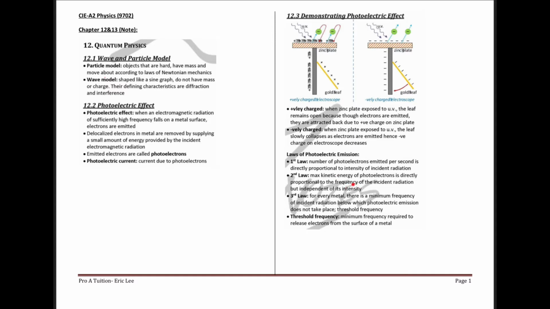If the frequency of the UV light is greater, the kinetic energy of the photoelectrons will be greater. The third law is about the minimum frequency required to make photoelectrons come out from the metal. This is called the threshold frequency.